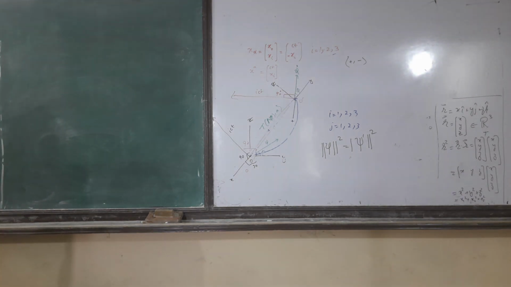Yes, you are right. That's why you may ask a question that may be confusing for you: if the vector length is constant, then what is the length contraction? The answer is this.